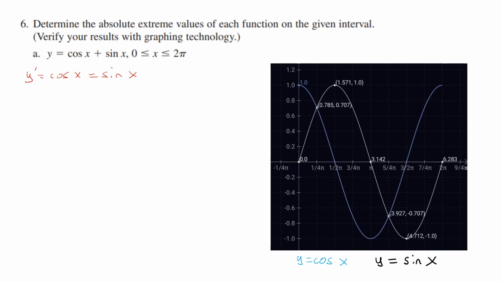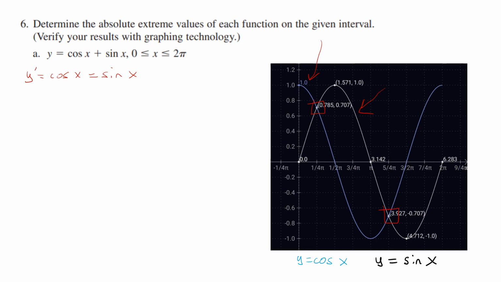So having the derivative where my cos x equals sin x means wherever these two intersect are my points. When you actually draw y equals cos x, which is represented by blue over here, and y equals sin x, which is represented by white over here, I see that where they intersect is this point, and another point they intersect is this point.